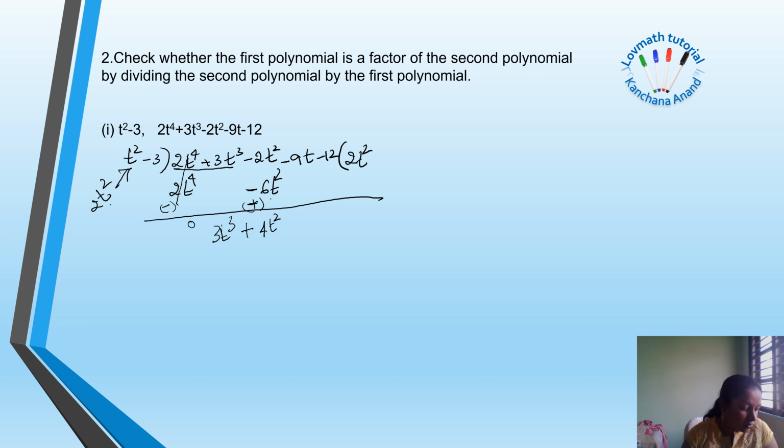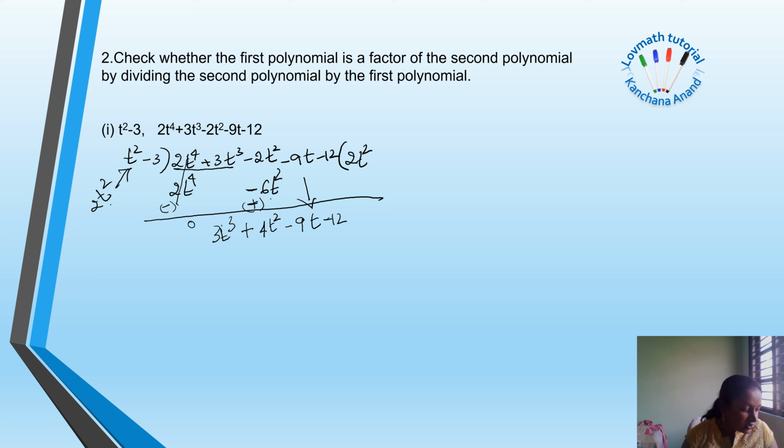So in the next part, let us bring these terms down. That is minus 9t and minus 12 for further division.